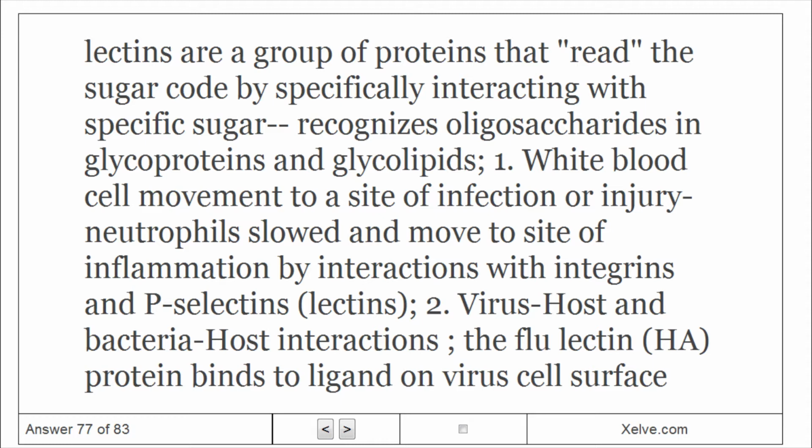White blood cell movement. To a site of infection or injury, neutrophils are slowed and moved to the site of inflammation by interactions with integrins and P-selectins, which are lectins. 2. Virus-host and bacteria-host interactions. The flu lectin protein binds to a ligand on the host cell surface.